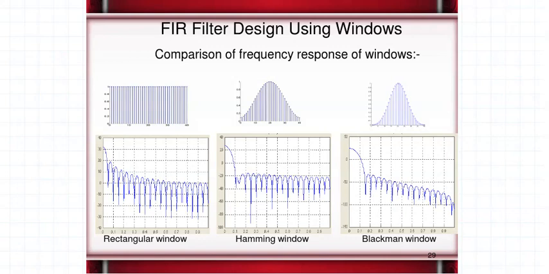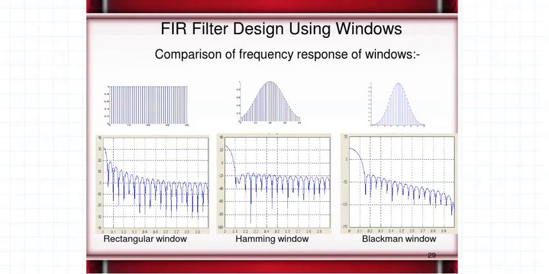If your application demands sharp cutoff, then we can prefer the rectangular window. If your application can compromise on the cutoff, but there must be minimal ripples in the pass band and stop band, in that case we can go for the Hamming window and Blackman window.